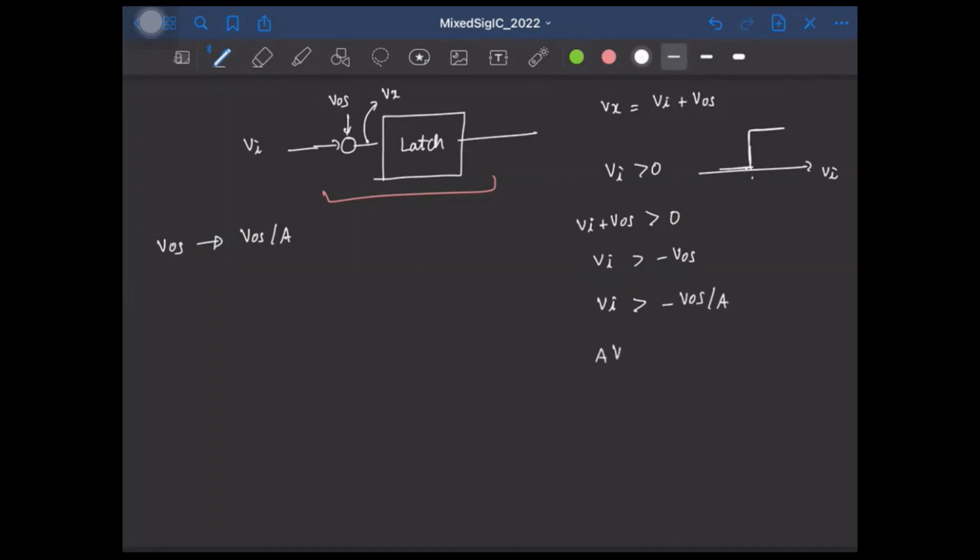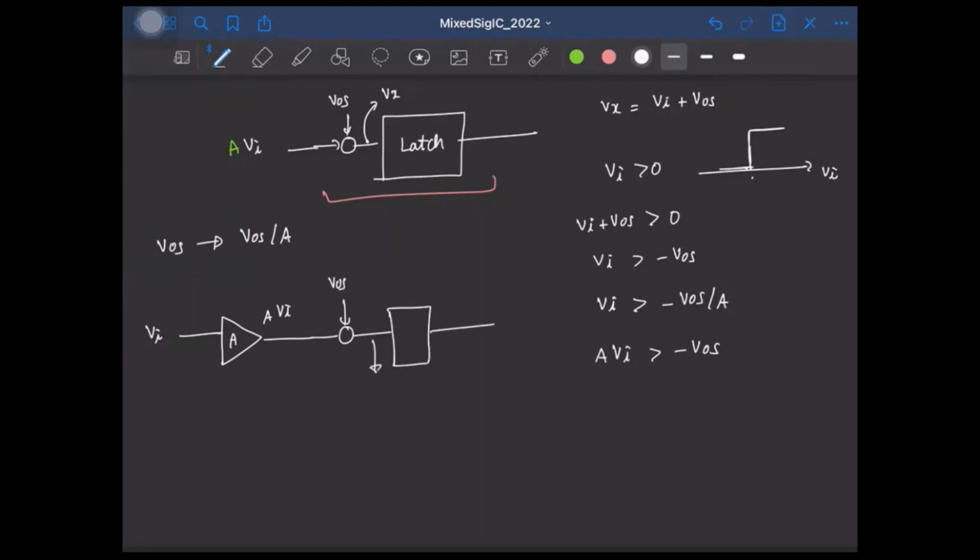So which means we need to have A times Vi to be greater than minus Vos, right? So in this, instead of having Vi, if we have A times Vi, this will happen, right? So what we do is the following. We take the input, feed it to an amplifier with a gain A, right? So that this is now A times Vi, right? And this is the offset here for the latch.